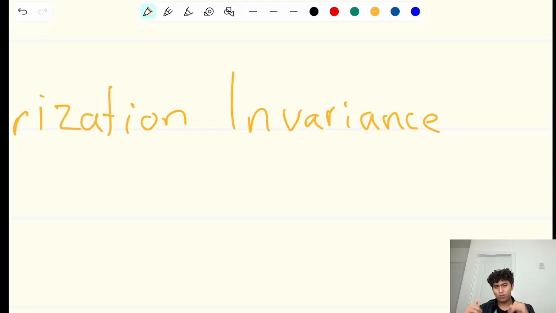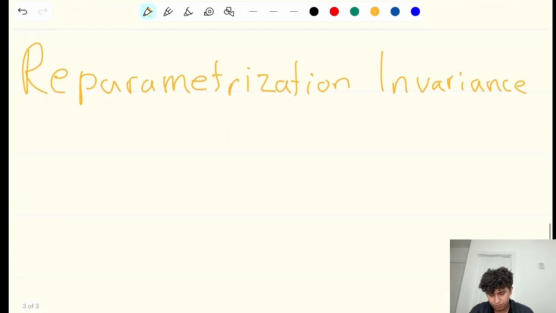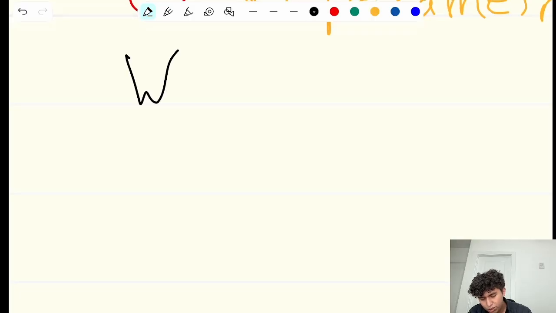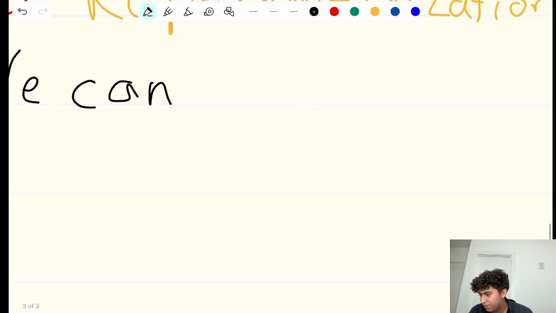Your string, or your point particle in this case, is a physical object moving along a trajectory in space-time, and it doesn't matter how you parameterize it. All physical quantities should still be the same regardless of the parameterization. I hope that makes sense. This is going to be an important property for both string theory and for most relativistic theories.